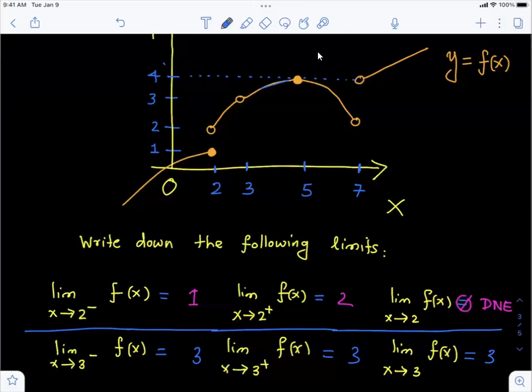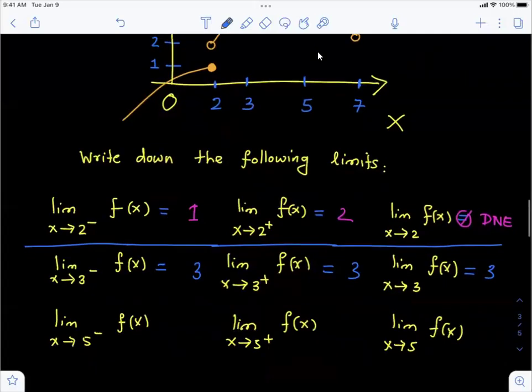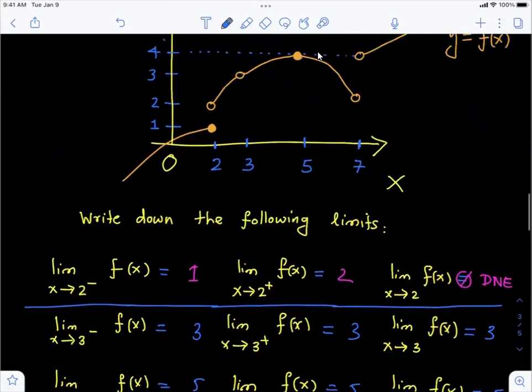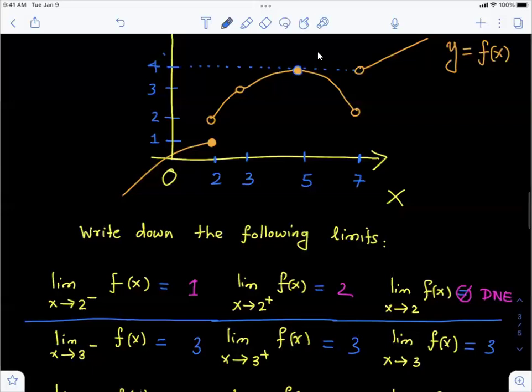So let's write down that observation right here. The left limit is 5, the right limit is 5, and the common limit is 5. Not because it's a dot here. Can you see it's a dot? The function is defined at this point compared to the previous situation where the function actually has a hole and here it has a dot.